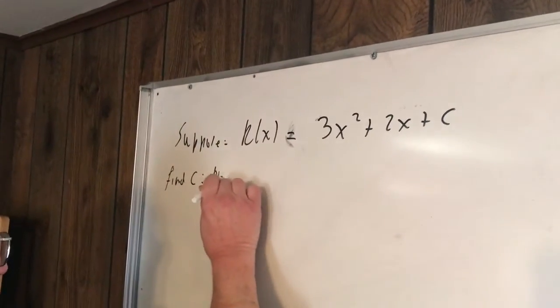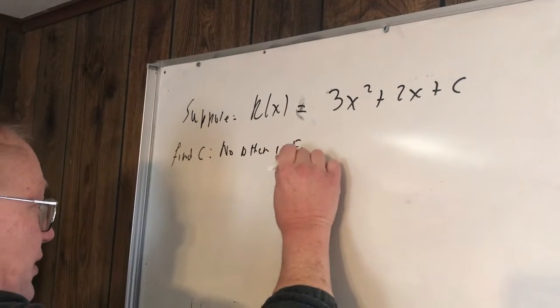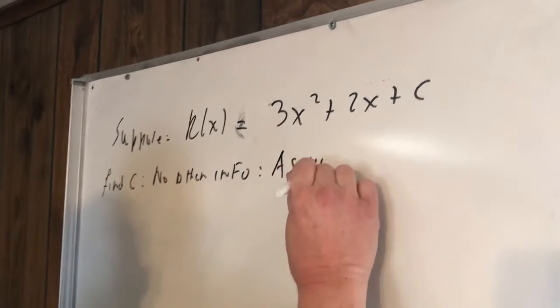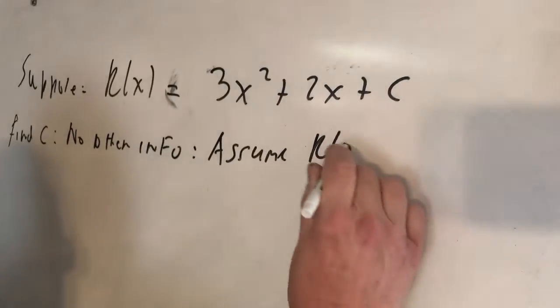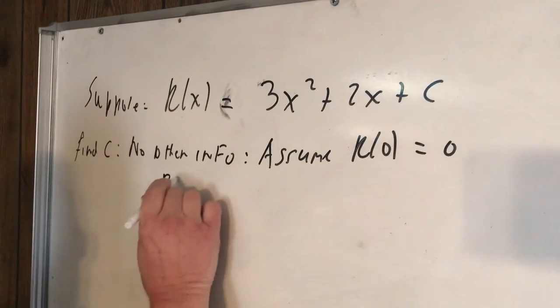If they give you no other information, this is only for revenue, then you can assume that R of 0 equals 0.